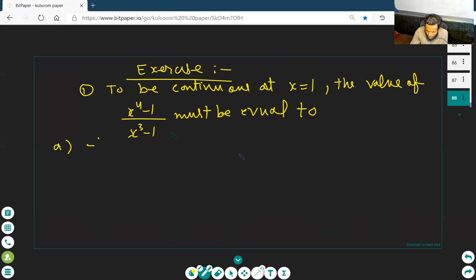A is equal to minus 1, B is equal to 0, C is equal to 1, D is equal to 4 upon 3, E is equal to 4.